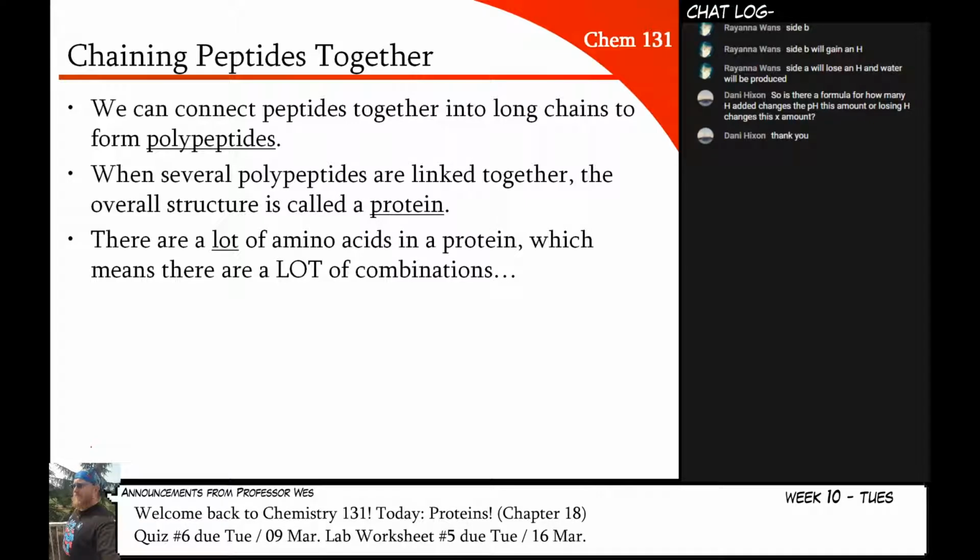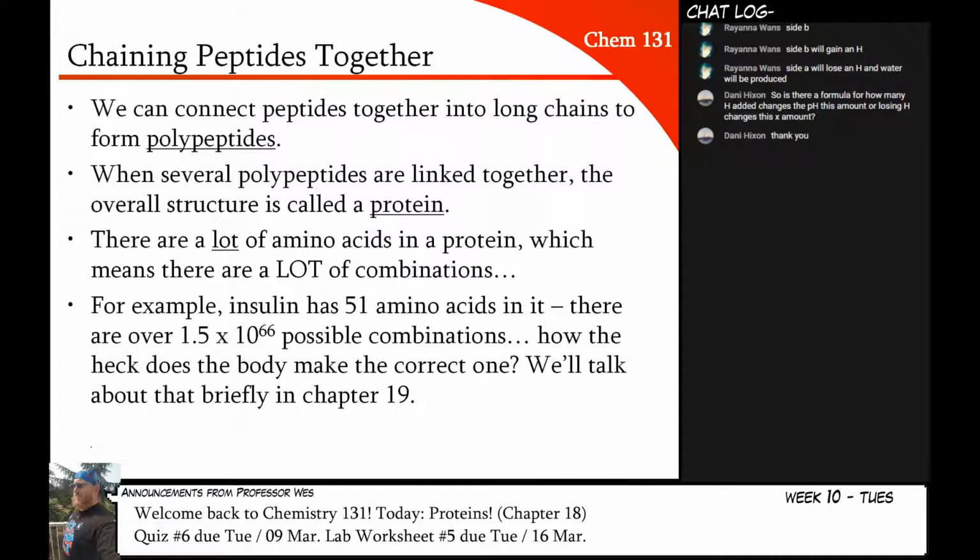And if you get to proteins that are fairly long, we'll say like insulin. Insulin is fairly long. It's 51 amino acids long. There are 10 to the 66 different ways you can do this, and the body makes the correct one every time. How does everyone beat the odds and make insulin correctly?